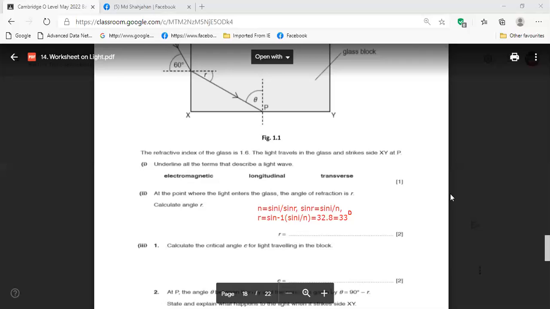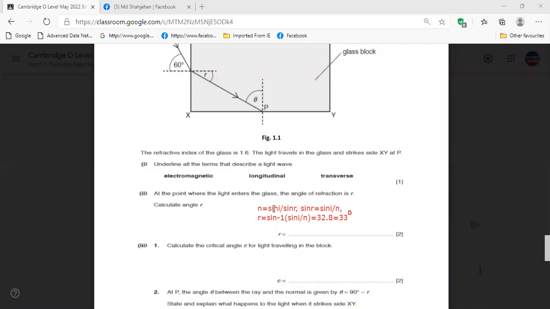So we got here for question number 1, part 2, the angle R is 33 degree. Angle R means the angle of refraction. When light rays travel from air to glass, the angle we got, R, angle of refraction, we calculated using the formula n equals sine I by sine R, and we made R the subject.